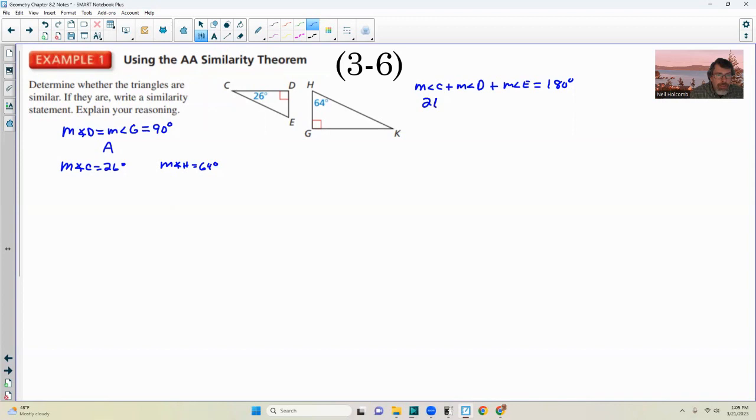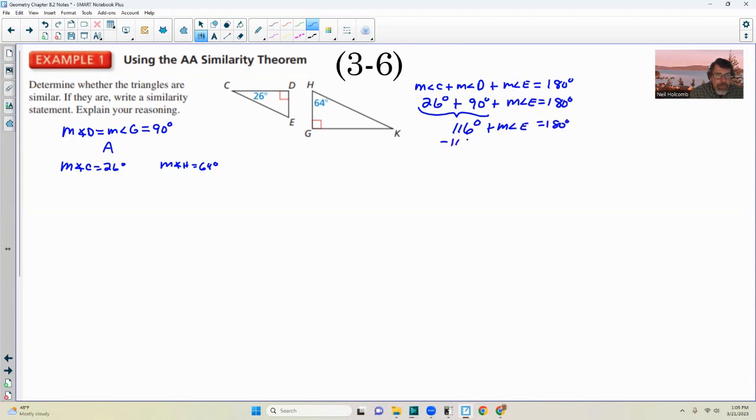C is 26 degrees, plus D is 90 degrees, plus the measure of angle E, which we don't know. Combine your like terms, 6 plus 0, 2 plus 9, plus the measure of angle E equals 180 degrees.